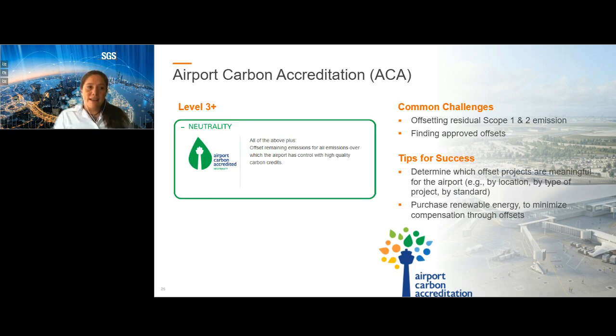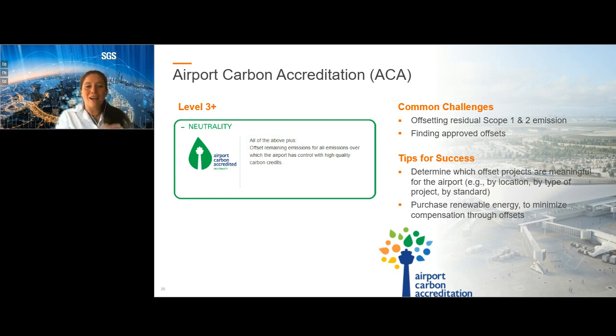So what is level 3 plus? The same as level 3, but you have to buy emission offsets, also called carbon offsets, but only for scope 1 and 2, and also for business travel. You don't need to buy for all scope 3, just for business travel. And the challenge is to find approved offsets, because you cannot say, I'm investing in this forest project.